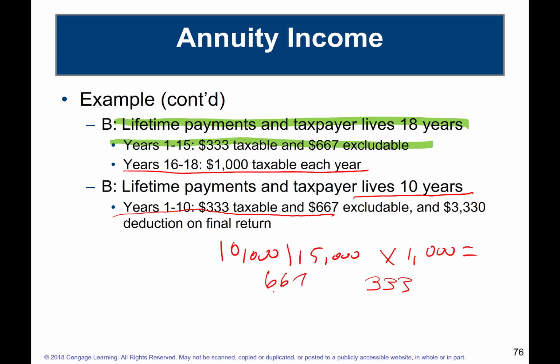And then in your final tax return, the one that they file after you die for you, you take that amount that was included as taxable, the 333, and multiply that by the 10 years that you had actually paid tax on amounts, assuming you were going to get 15,000, but you didn't actually get it. And so for those years, you get a deduction on your final tax return of the 3,330.